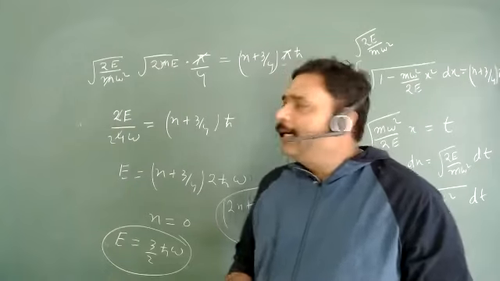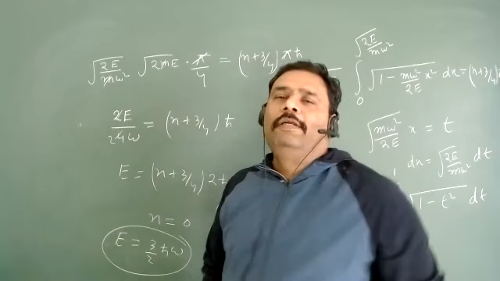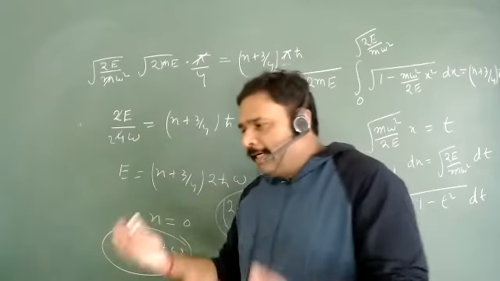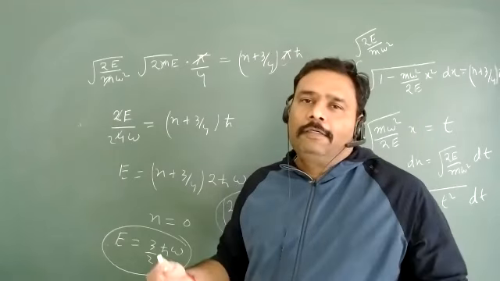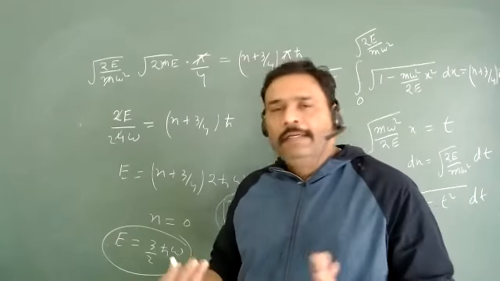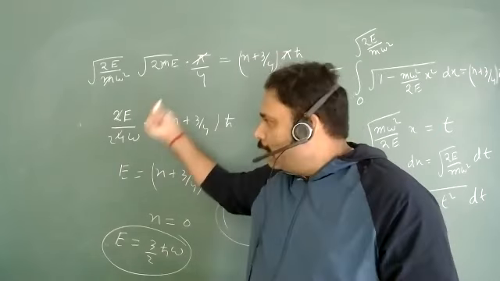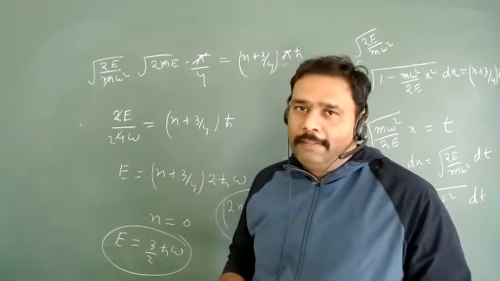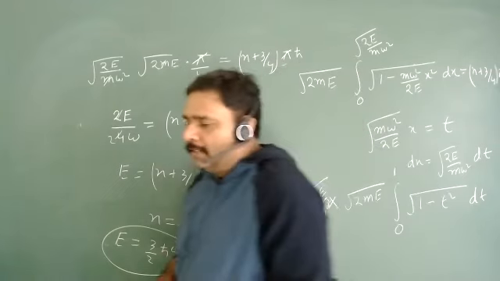And the best part is that they will also give you the formula: using this particular WKB approximation, find the value of energy. So it's just a cakewalk, depending on how efficiently you are doing integration. And when we are doing integration, there is a lot of chance of making errors. So do a lot of practice of this particular integration.